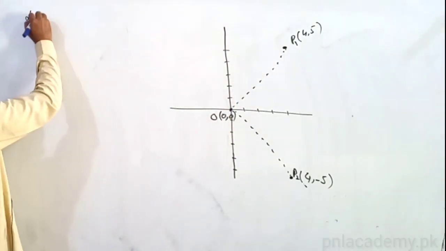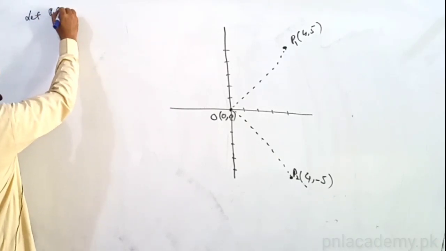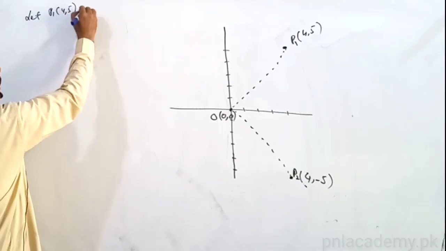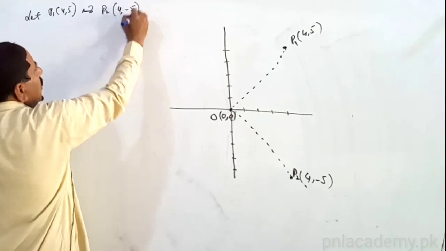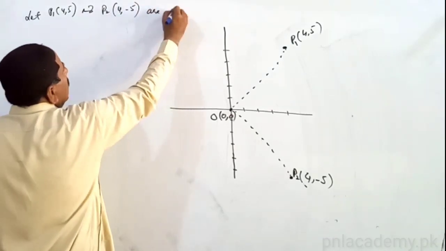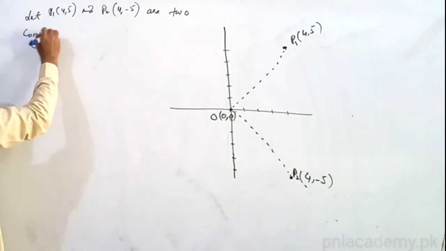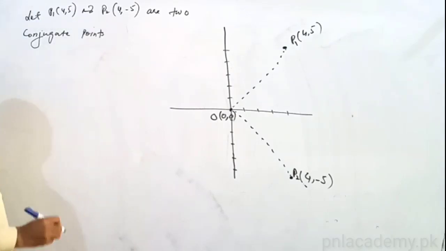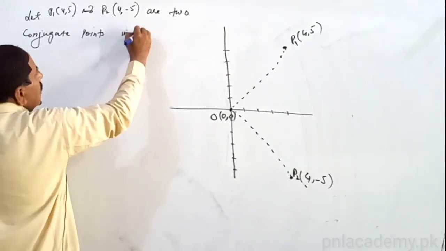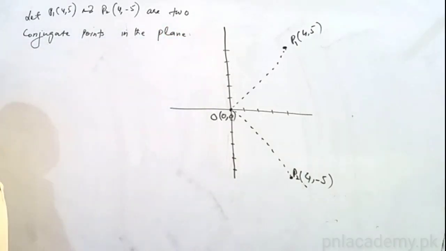Let P1 (4, 5) and P2 (4, -5) be two conjugate points in the plane.